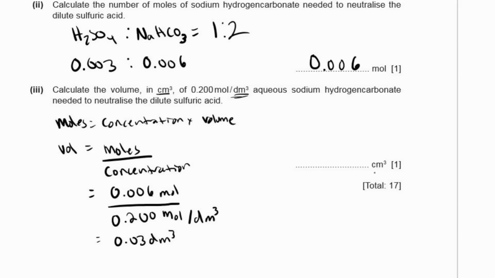But they want the answer in centimeters cubed, so you have to multiply that by 1,000, which equals 30 centimeters cubed. So you need 30 centimeters cubed of the sodium hydrogen carbonate to neutralize the dilute sulfuric acid. And that's the end of that question.